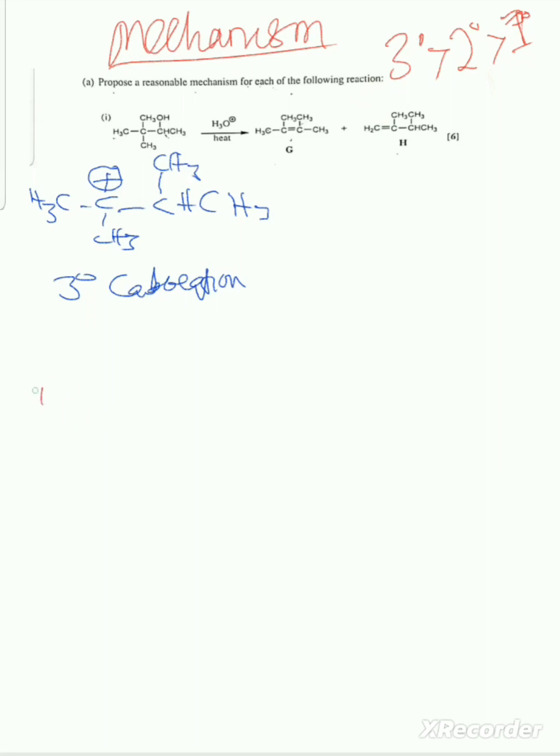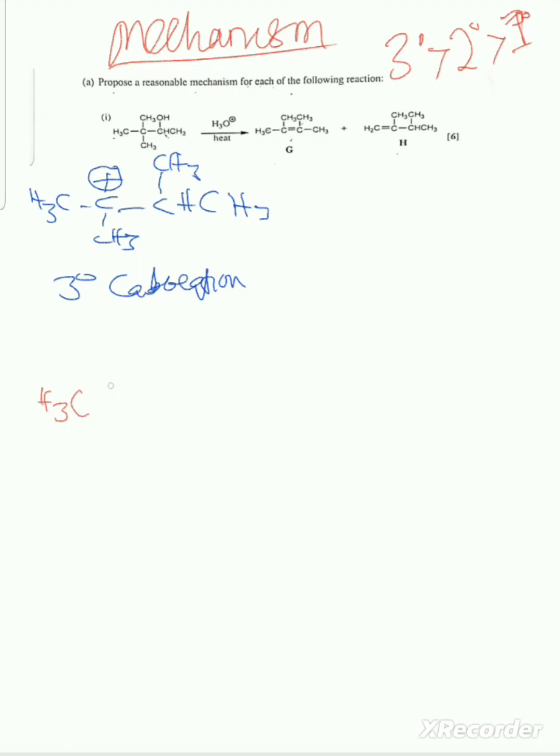For me now, I'm going to neutralize this carbocation by adding a bond either here or this side, on the carbon that's around this carbocation. So now it will be like this.